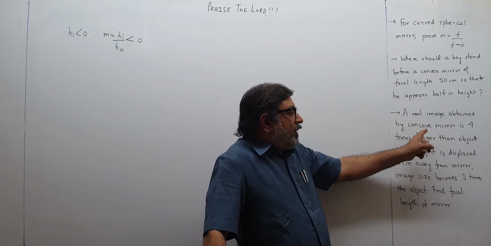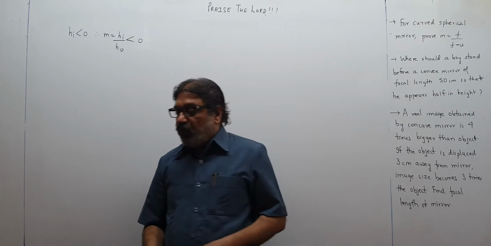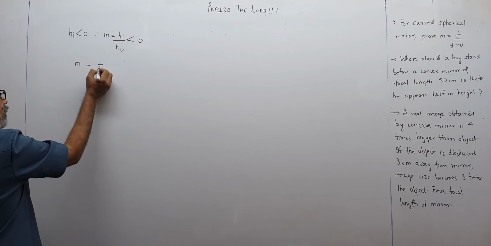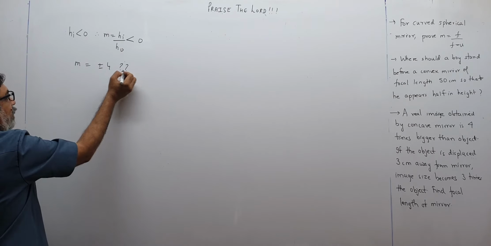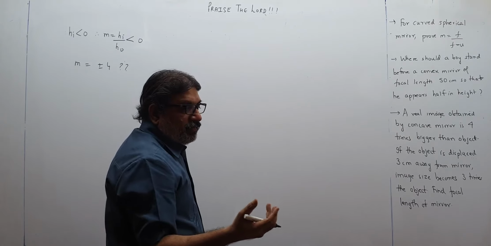A real image obtained by concave mirror is 4 times bigger than object. Image is 4 times object, so you may think magnification is 4 times, so always write first plus minus 4 and then decide about the sign. Magnification is 4 times because image is 4 times object.